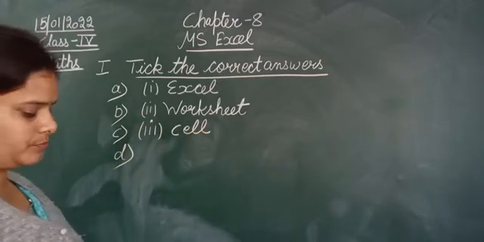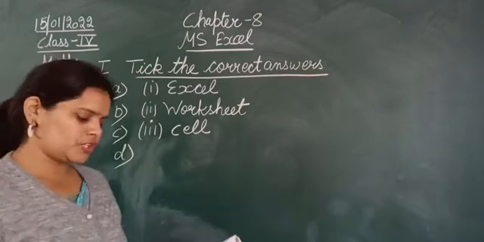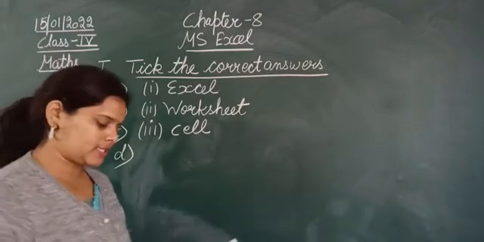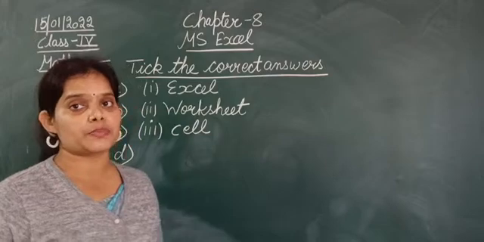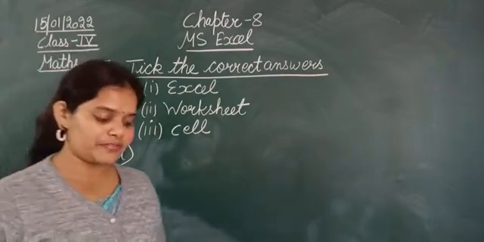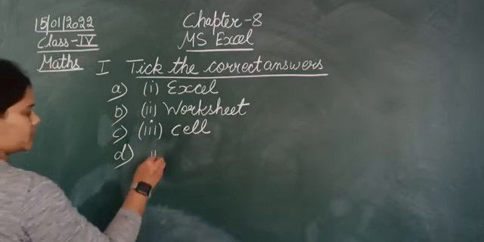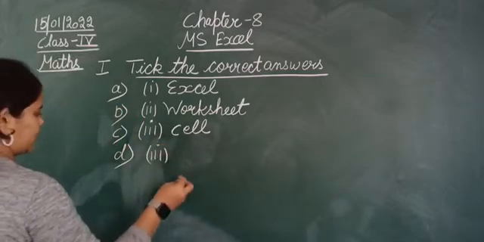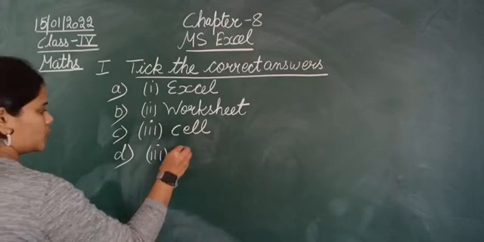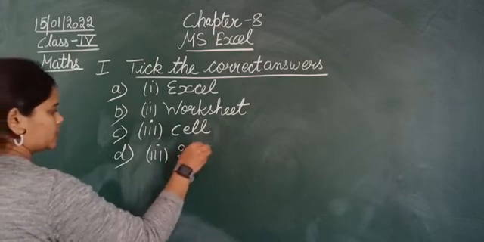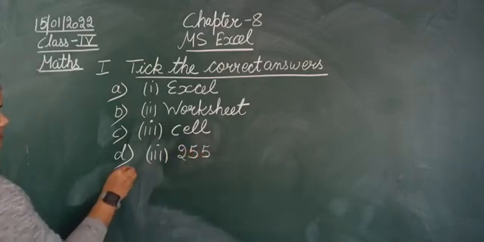The D1, the number of worksheets in a spreadsheet file is. So how many worksheets are there in a spreadsheet file? There are 255 worksheets. So the answer for the D1 is 3, that is 255.